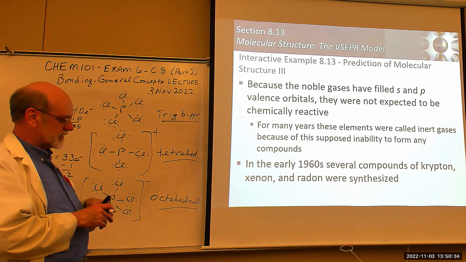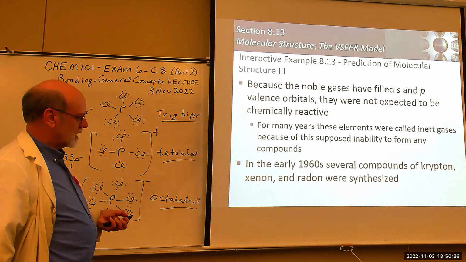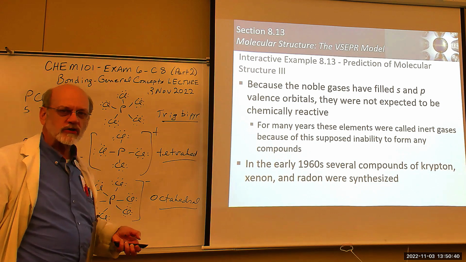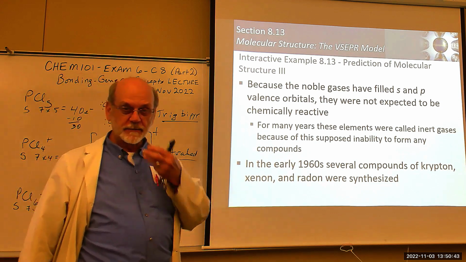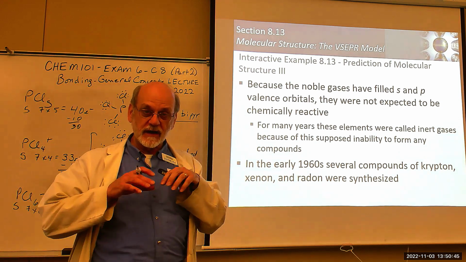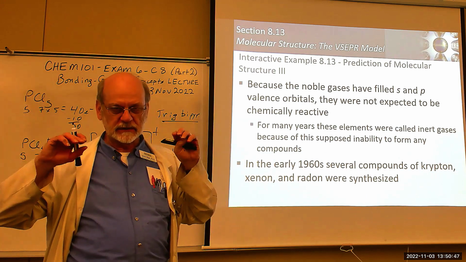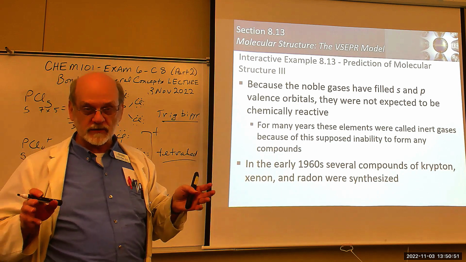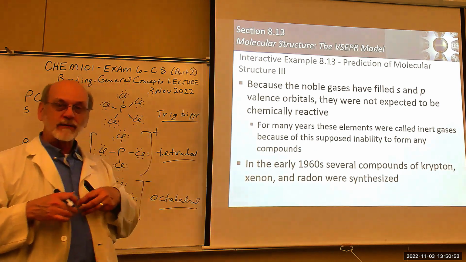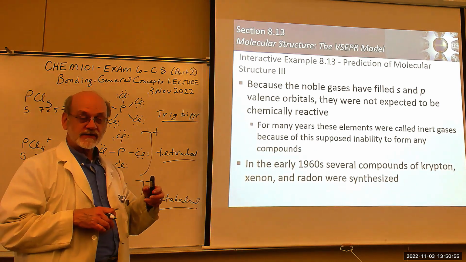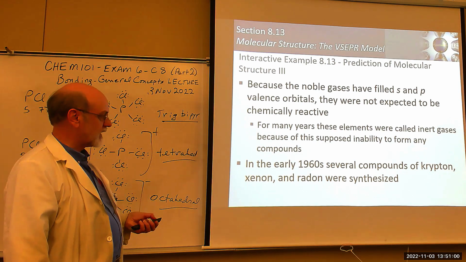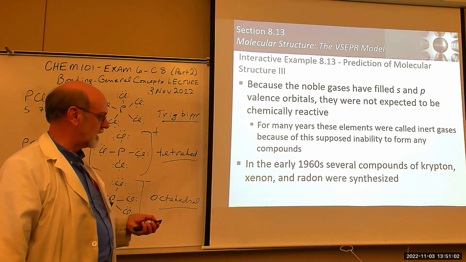But in the early 1960s, work was done with the larger of the noble gases, which means they have many more orbitals available, not just the s's and p's. They also have the d orbitals available. And we were able to synthesize compounds using noble gases. In fact, these 3, krypton, xenon, and radon.